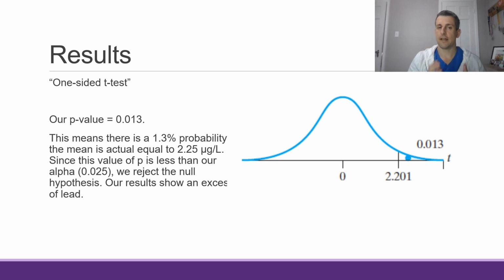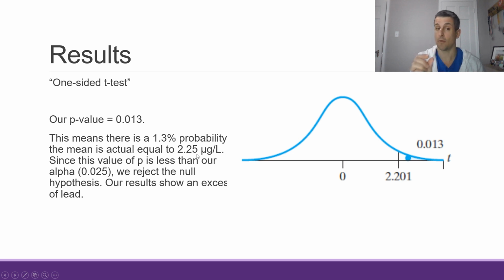Since we're only testing the greater than condition, we call this a one-sided t-test, because we're really only looking for whether our lead content is above a certain level. And we can actually calculate our p-value, which, remember, is the area underneath the curve here. The p-value comes out to be 0.013, which means there's a 1.3% probability the mean is actually equal to 2.25 micrograms per liter.